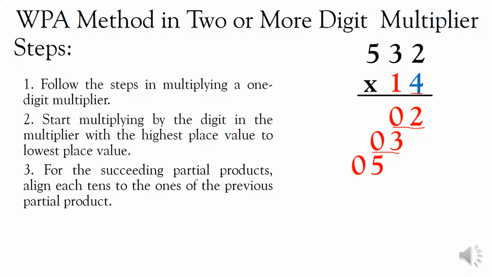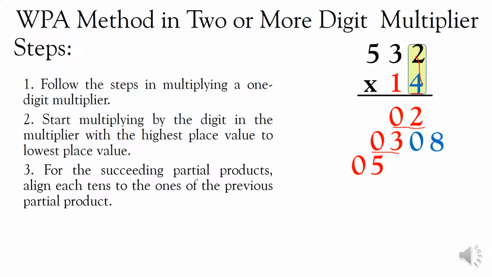So we will write the product between 4 and 2 beside 0, 3 or just below 0, 2, which gives us 0, 8 as the product of 4 and 2.